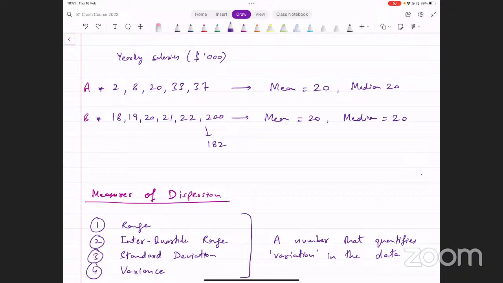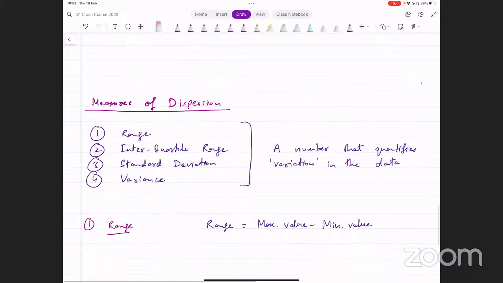So range is easily affected by outliers or extreme values, because it's just maximum minus minimum. So even if there was just one value that was way different from the rest of the data, the range would be affected. Even though there's hardly any variation in the rest of the values, just by this single value, the range is affected. All right. So it's not used that much in practice because of this reason, but you should know about this.